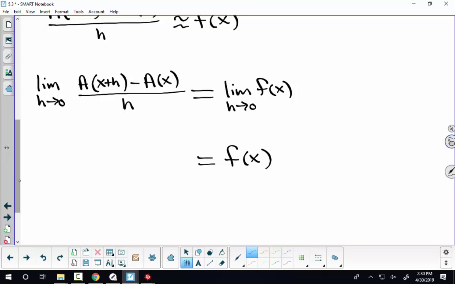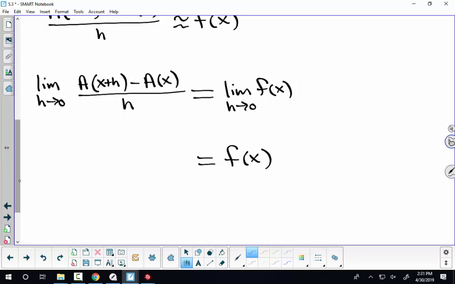I'll give you a hint. We saw that definition in chapter 3. It's the derivative of f of x? It's the derivative of, not f of x. You're on the right track. The derivative of f of x is defined as the limit as h approaches 0 of the difference quotient, f of x plus h minus f of x, all over h.